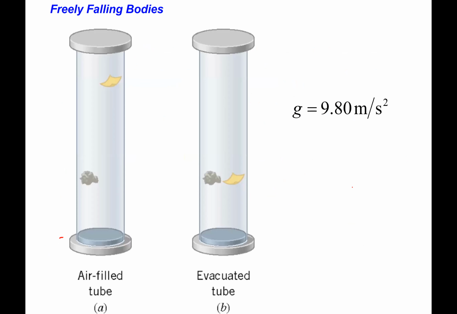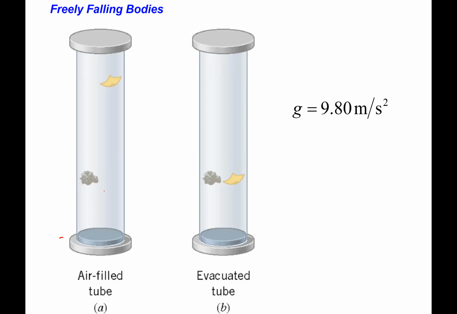So if we were to observe what happens in an air-filled tube with two objects of different masses, the heavier mass would appear to fall faster. It would fall faster because the lighter object under the influence of air will feel the effects of that air, which could cause it to move from left to right and not necessarily come straight down.